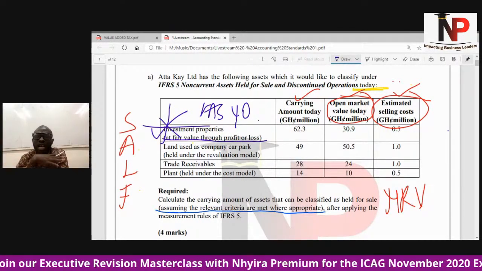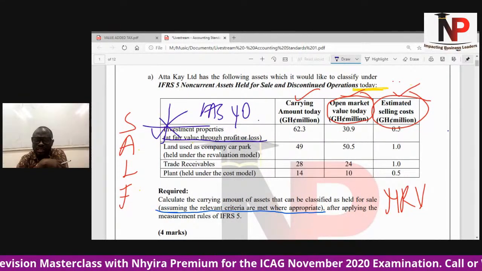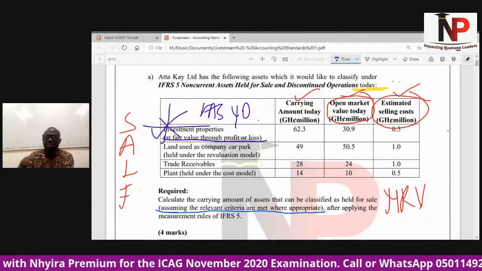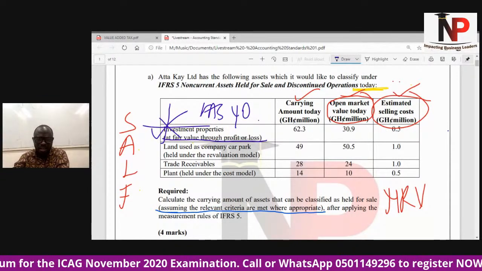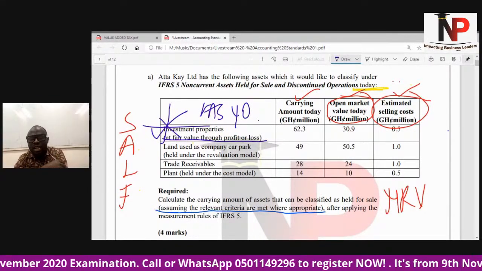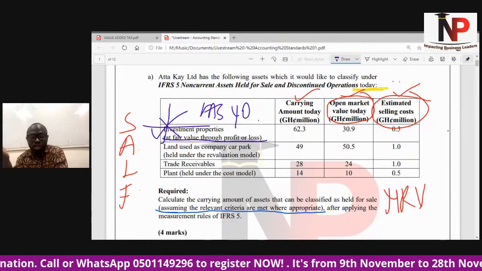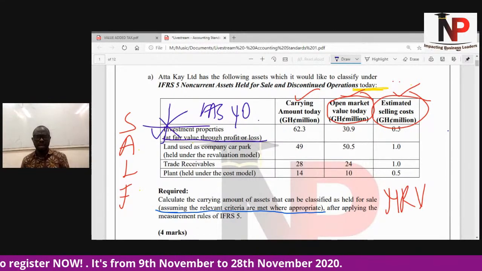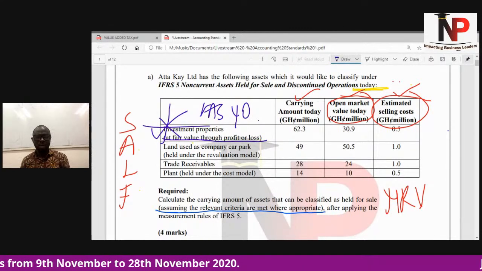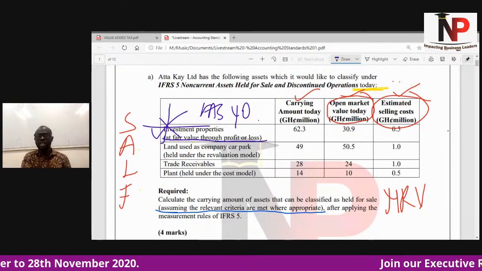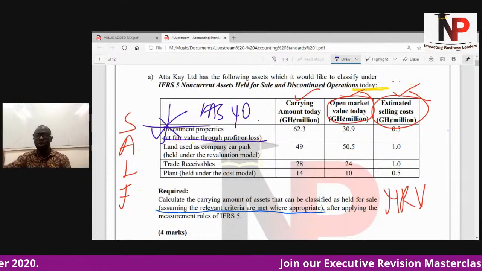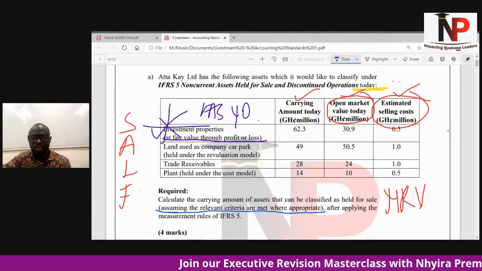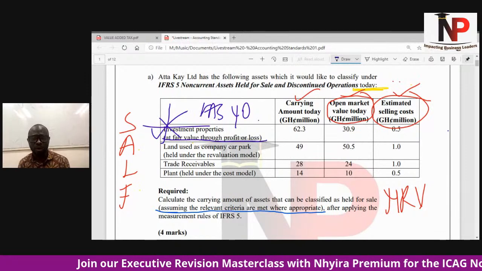Now, if the company is using the land as a car park and they are accounting for it under the revaluation model, that land can be sold anytime, anywhere. Because probably they bought the land and they are using it under a revaluation model, so once they have a better price, they will be able to sell that property.